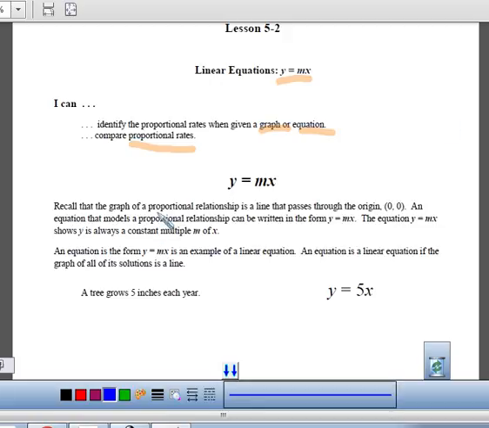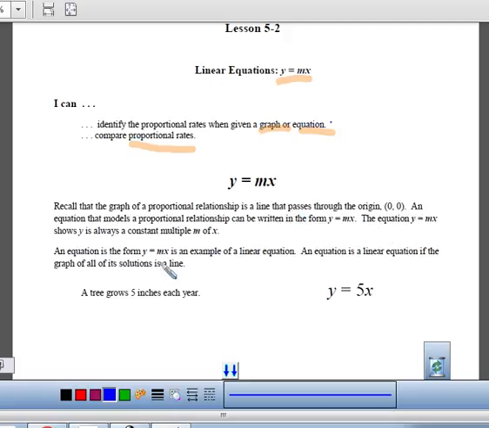Okay, so recall that the graph of a proportional relationship is a line that passes through the origin, (0, 0). An equation that models a proportional relationship can be written in the form y equals mx. And you probably remember equations like this from the last topic, where we didn't have the letter m, we actually had a number there. And I'm going to talk about that in a second.